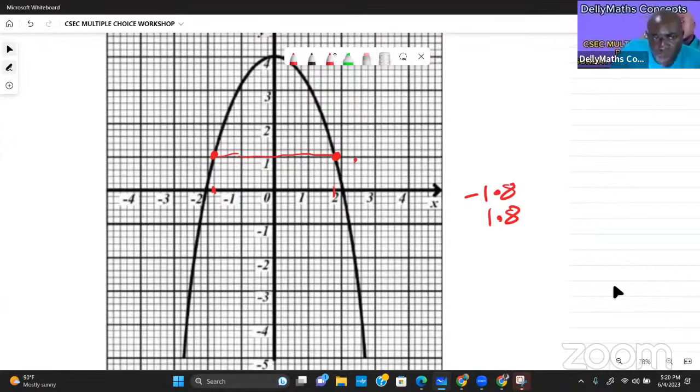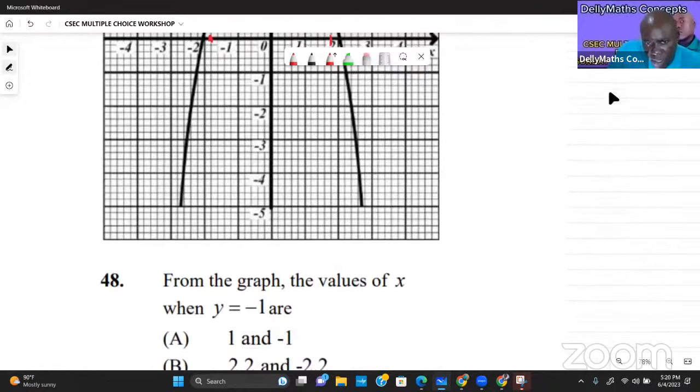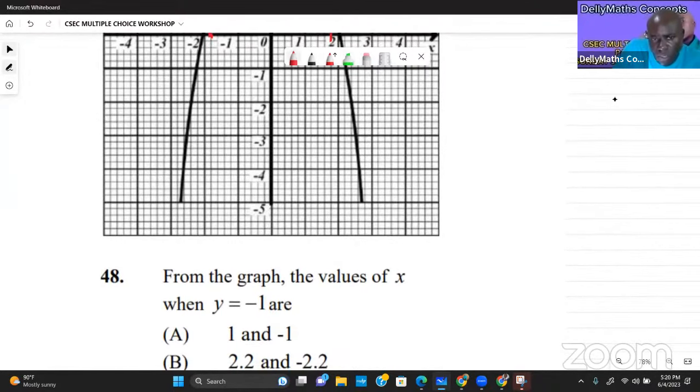Oh, wait. It's not 1. I think -1 was said, right? Hold on. I think I'm thinking 1. Let me go back and look if it was 1 or -1. I'm using 1, but let me go back to the question. I think it is -1, it said, right? -1, not 1.